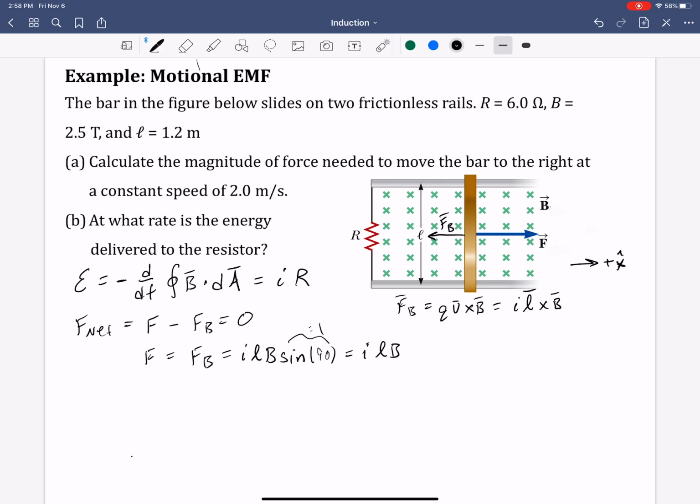Luckily, we're in chapter 30, and we can do that using Faraday's law. Right? So the EMF is negative the magnetic flux per time. So if the flux is increasing, we need the induced current such that the induced magnetic field will effectively want to decrease the flux.